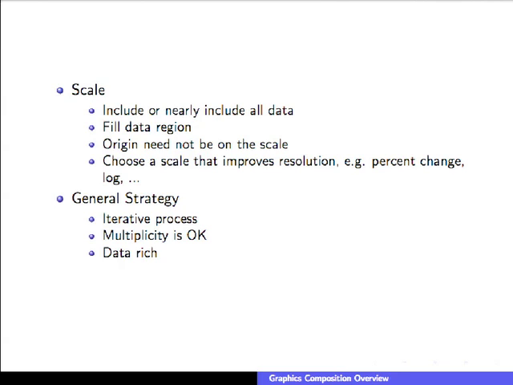And choose a scale for your data that improves the resolution to make it easier to see the basic underlying structure in your data. One thing I really want to get across is that making plots is a very iterative process. You don't get the code that I showed you the first time you do it. I probably made a dozen plots before producing that final one.